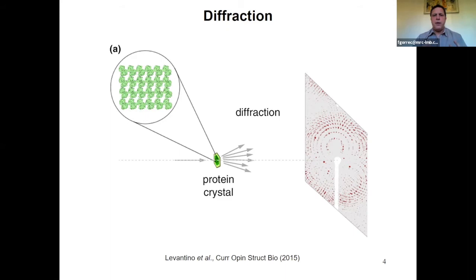If your crystal is big enough and the internal quality is good enough, then you will see a diffraction pattern that you record. And since you want a 3-dimensional structure, you rotate the crystal and collect data at several angles to have the data necessary to solve the 3-dimensional structure.